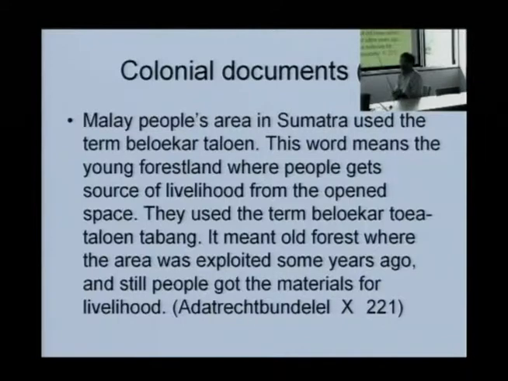And the Malay people area in Sumatra use the term Burkar Tarun. This word means the young forest land where people get a source of livelihood from the open space. They use that term Burkar Tarun, Burkar Tua Tarun Taban.